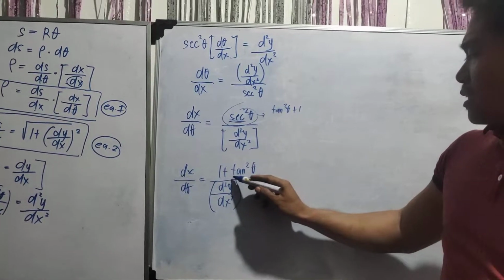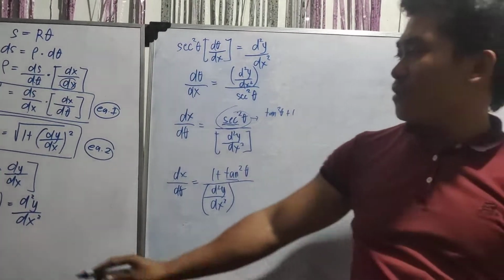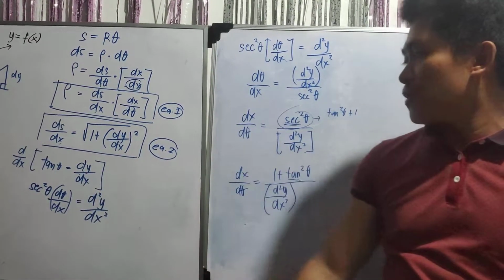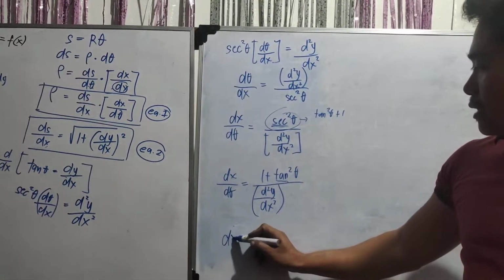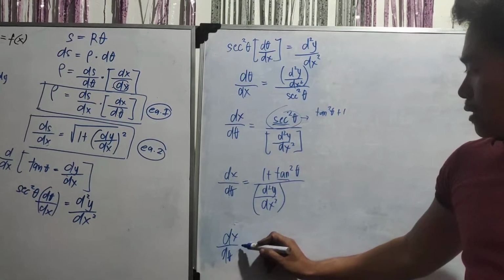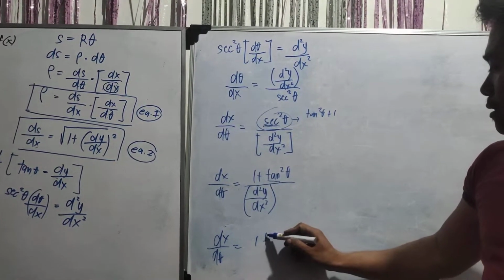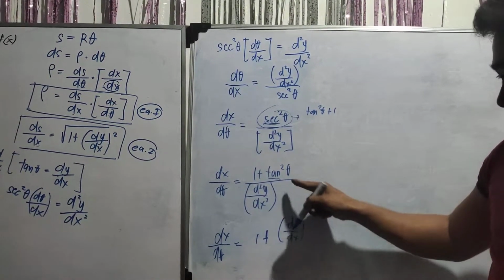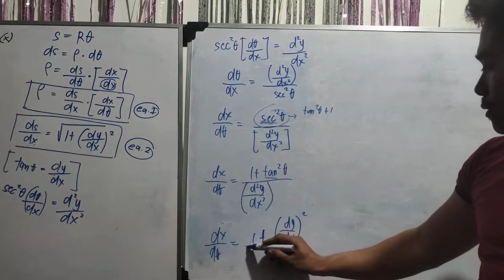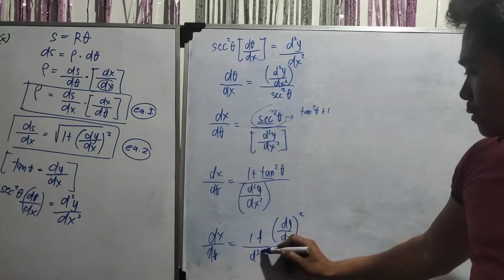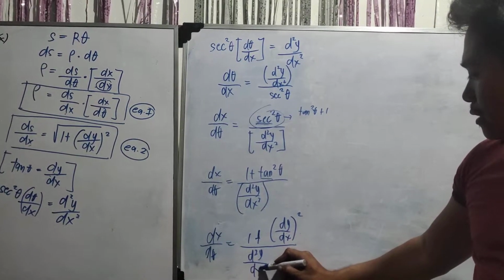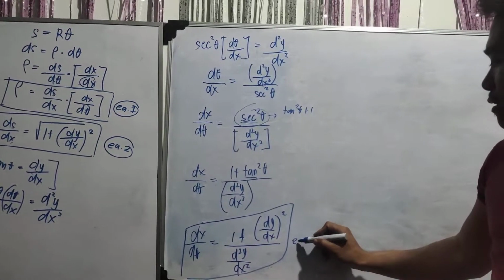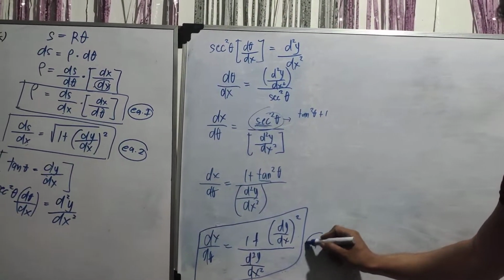Now, what is this tangent theta? Actually, tangent theta is just the slope of the line, the first derivative of the function. So again, dx over d theta is just 1 plus dy over dx, that is tangent theta, squared over d squared y over dx squared. And this becomes our equation number 3.